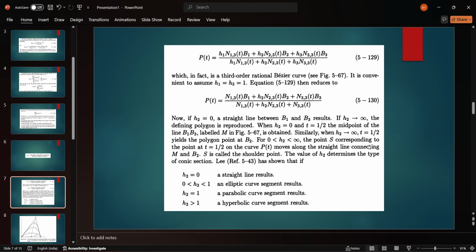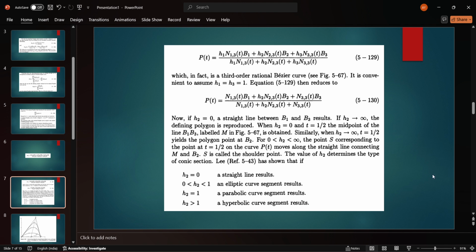Similarly, when h2 tends to infinity, t equal to half yields the polygon point at b2. For h2 lying between 0 and infinity, the point s corresponds to the point at t equal to 1 by 2 on the curve P(t) along the straight line connecting m and b2.